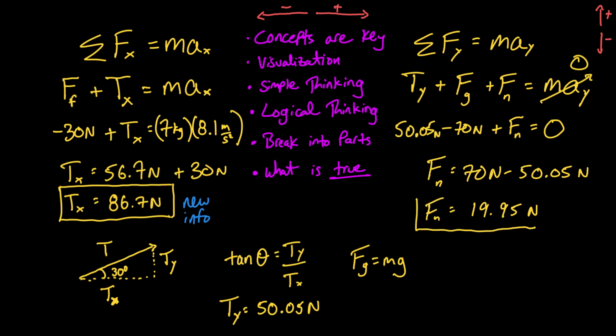Now, it's important: if you obtained an answer for your normal force through the math that was negative about 20 newtons, then you've done something wrong. And the only way you would know that you've done something wrong is if you were to really think about the concepts here. If you imagine that block hovering above the ground and then slowly being lowered onto the surface, the surface is going to push up, right?